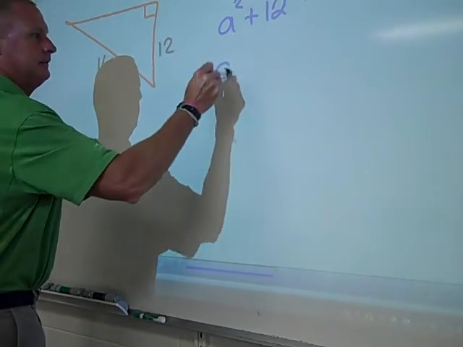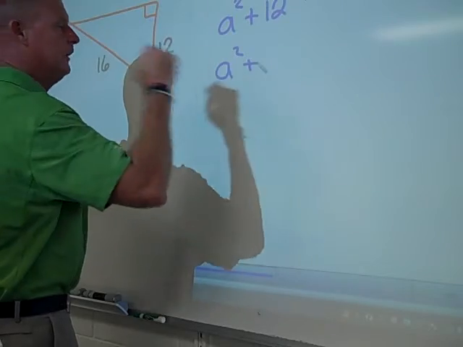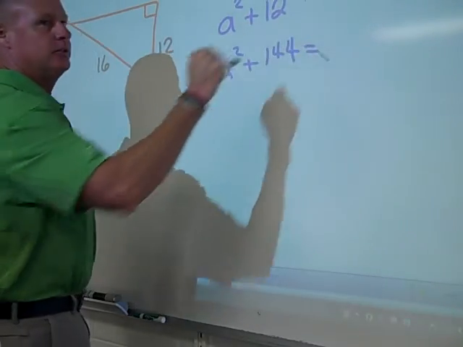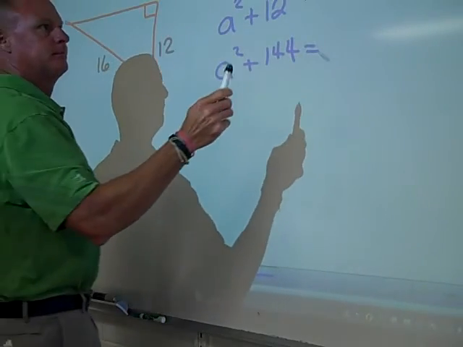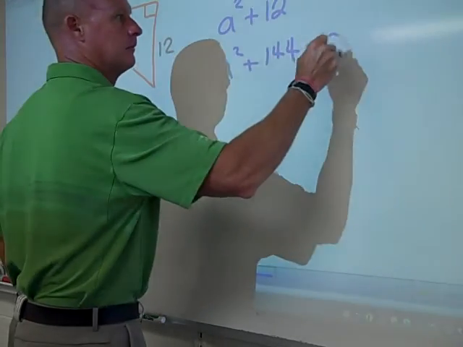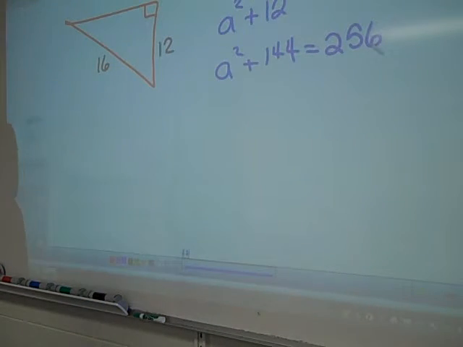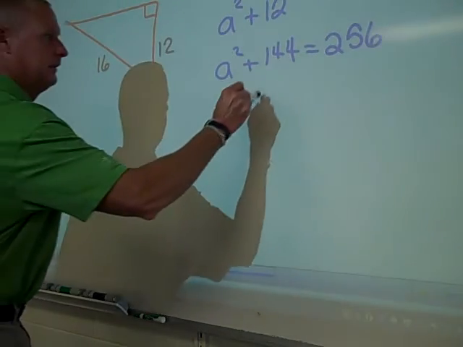So rewrite it. Class, what is 12 squared? 144. 16 squared? 256. Next step, subtract 144 from both sides.